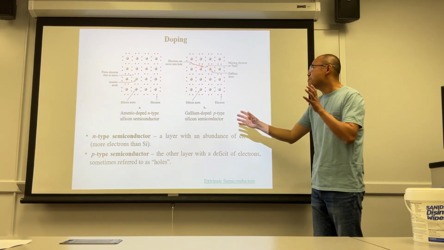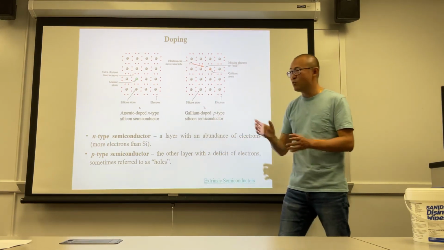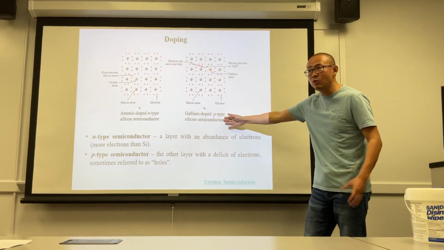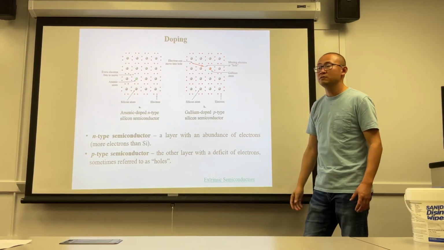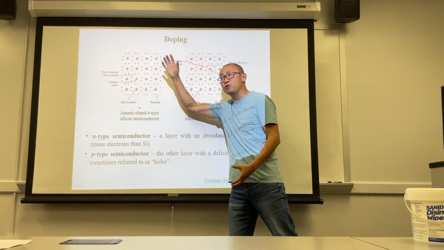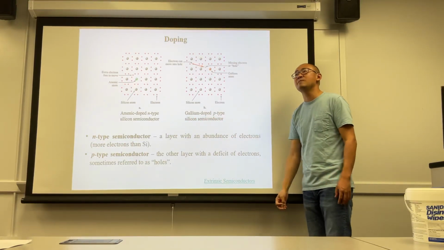Usually a PV cell like this is called a PN junction. You will hear that a lot. What is P? P means the one doped with fewer electrons. N means the one doped with what? With extra electrons. That's why we have two types of semiconductors.